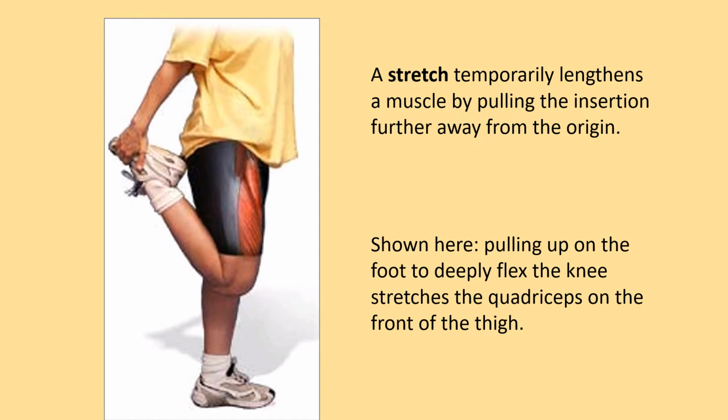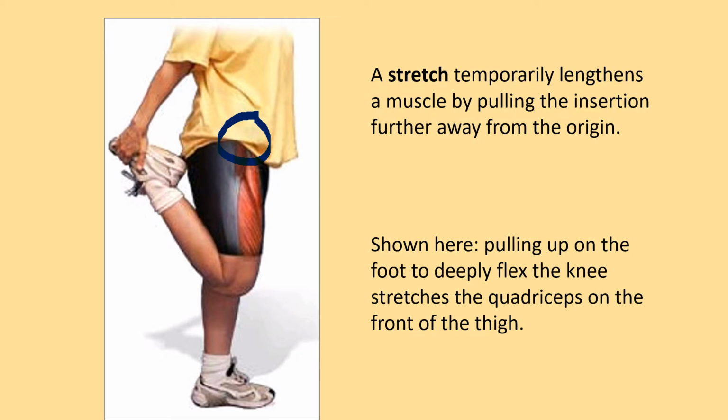Extensibility. Every time you stretch a muscle, you pull the insertion away from the origin. So now we're thinking about the quadriceps. The quadriceps originate up here on the bones of the pelvis. They're attached to those bones.